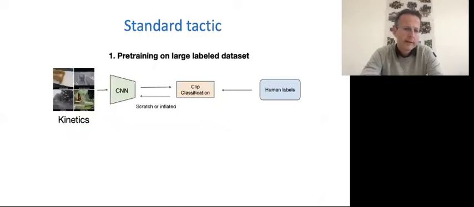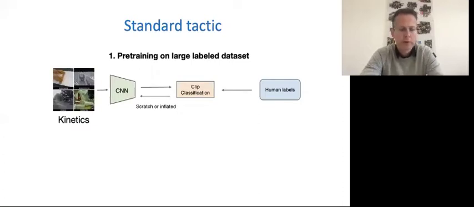So the standard tactic in problems like action classification is to take a hugely labeled dataset, let's say the latest version of Kinetics. You train your favorite CNN, and you try to predict trimmed clips that come with an associated label that has been provided by human annotators.